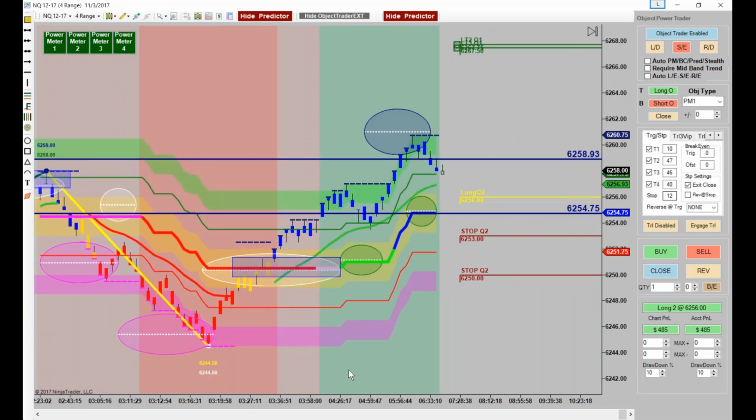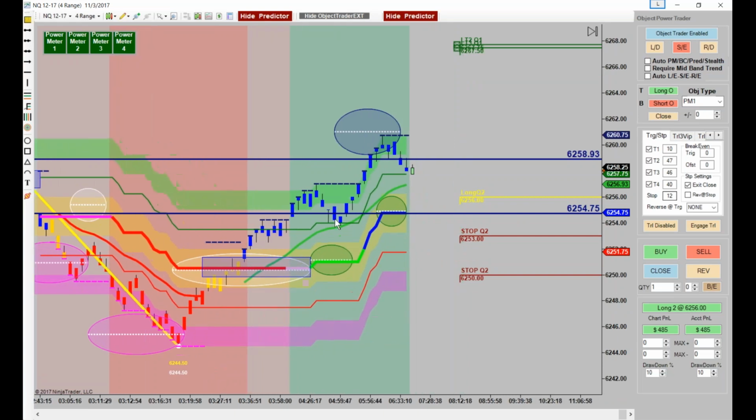Let's see if we can. There's our predictor right there, isn't it? If it turns red, we'll take off one. There's red, we're in one. Not quite down to my support yet. That's getting there.